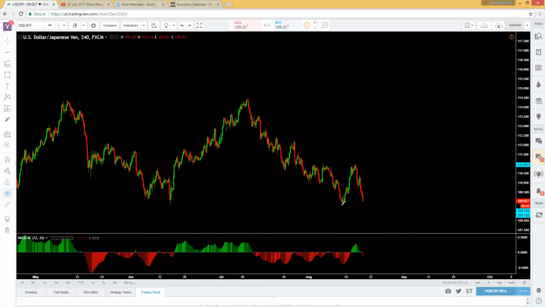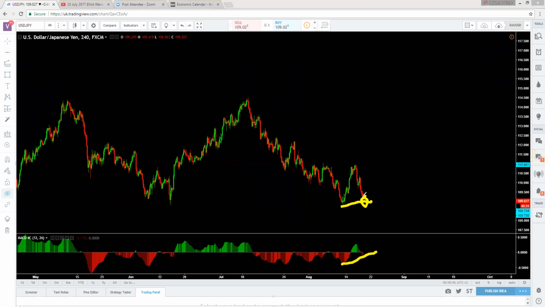Obviously this is not completed here yet. We don't know how far it's going to go, but look at the MACD. Even though we know that this peak is not completed yet, the MACD is quite high here, which is showing us signs of strength on this pair.